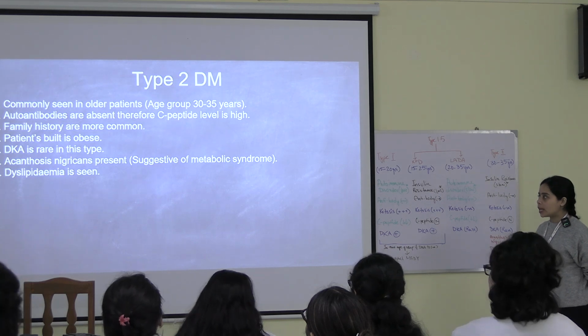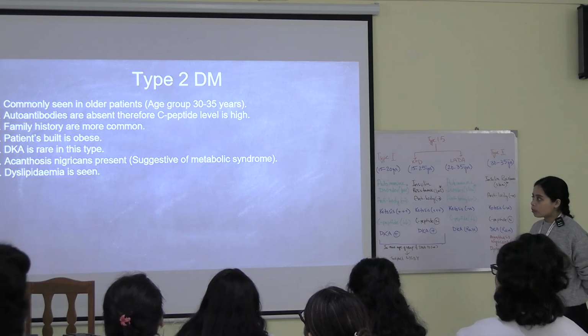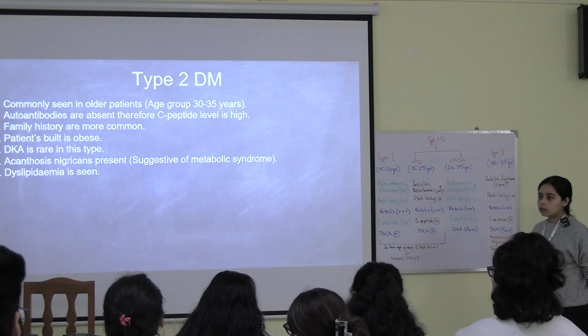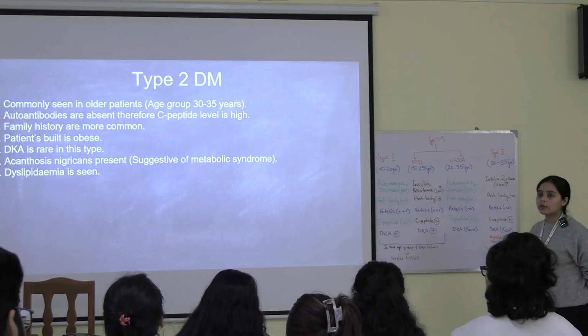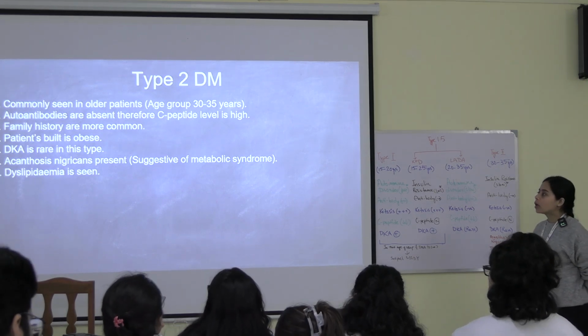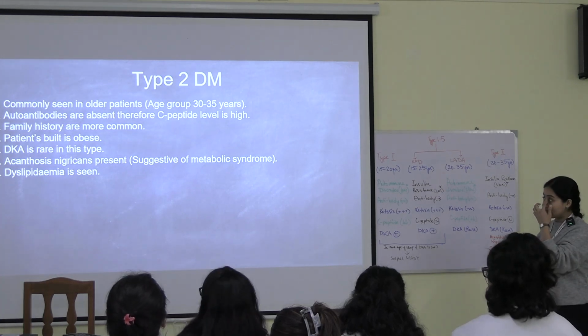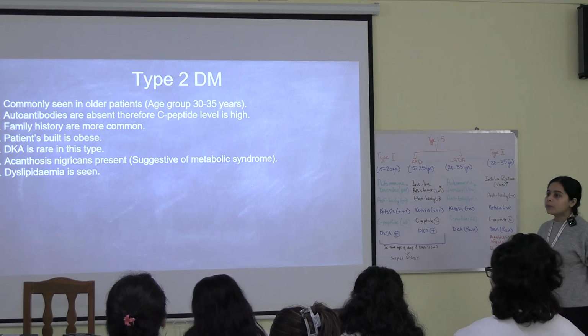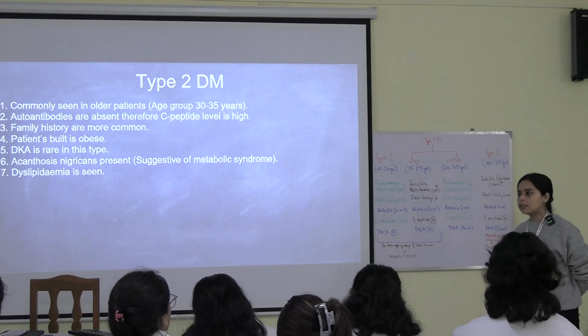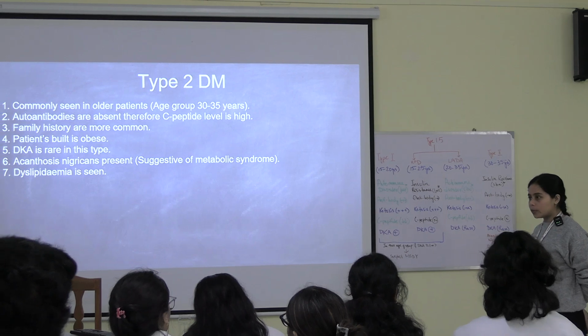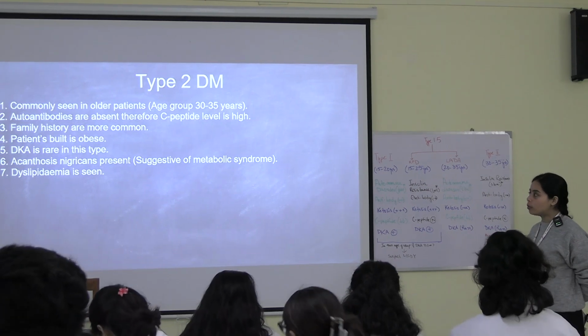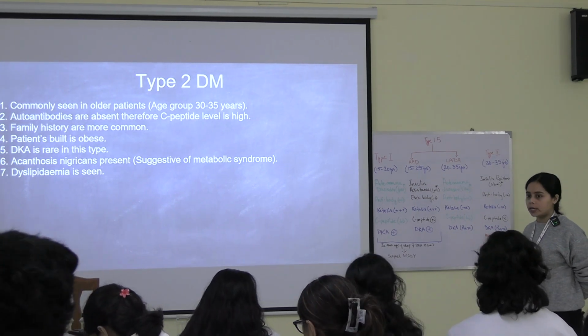Ketosis is rare in this type, because it is a slow process, the progress of this disease is slow. Acanthosis nigricans is present, suggestive of metabolic syndrome, that is dyslipidemia. Because the patient is obese, he is having dyslipidemia, and because of dyslipidemia, which is a metabolic syndrome, acanthosis nigricans is present.